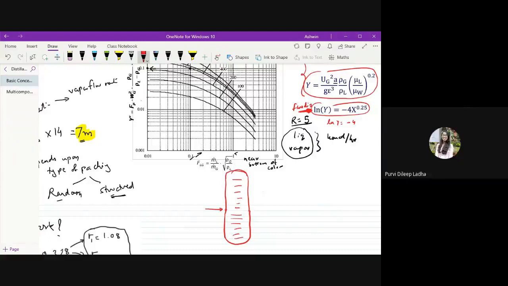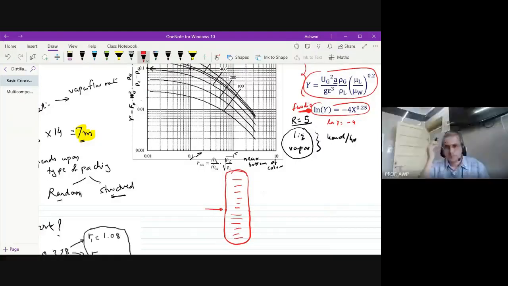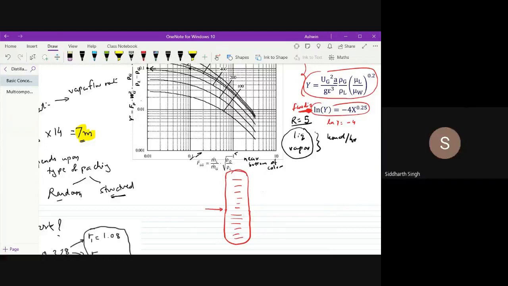Yes, sir. Sir, now when we are increasing the diameter at the bottom, then there is a benefit of mass transfer and benefit of pressure drop. But when we are increasing the diameter of the top, then the mass transfer will decrease because velocity is decreasing. So efficiency of column shall be decreasing. Yeah, true.